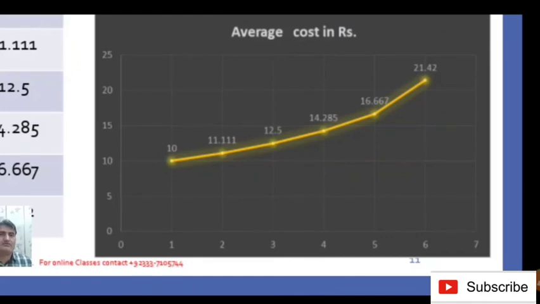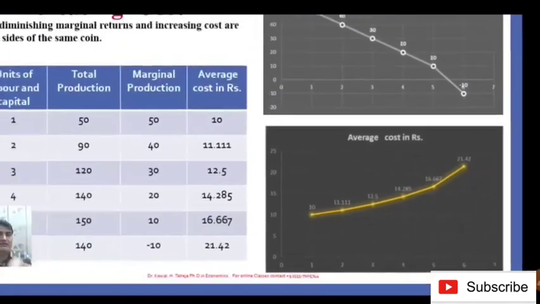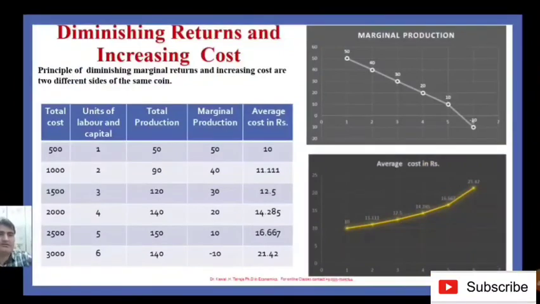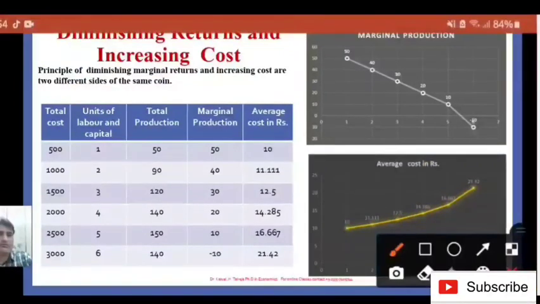That's why the cost goes up and the returns go down. This is because of diseconomies of scale in the case of a firm. Here you can see that both are moving in opposite directions: marginal production decreases, while on the other side average cost increases.